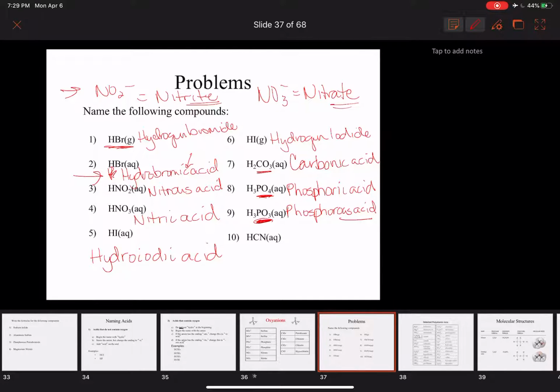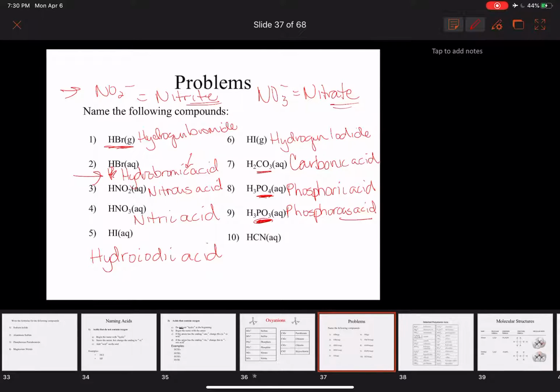Okay, number 10, we have HCN. And HCN looks like kind of a funky one. Like, we've done hydrochloric acid, hydrobromic acid, hydrofluoric acid, hydroiodic acid, but this one looks a little bit different. But also looking at it, we see that we don't have any oxygens.